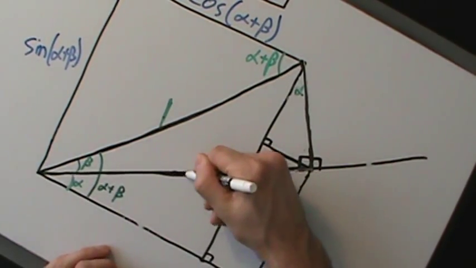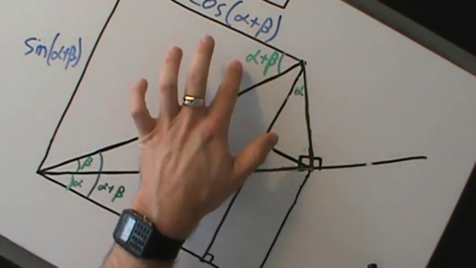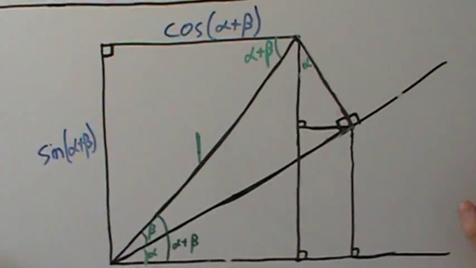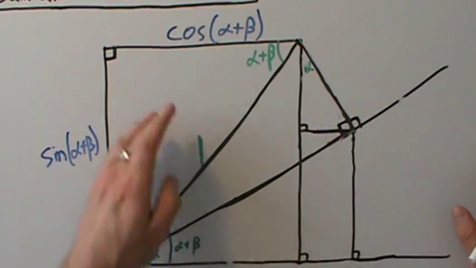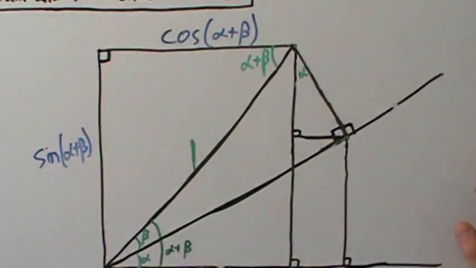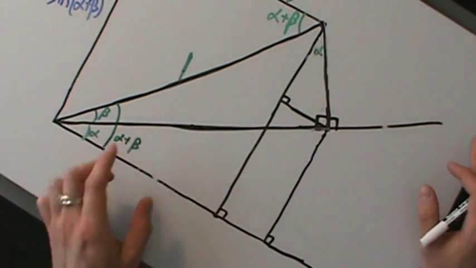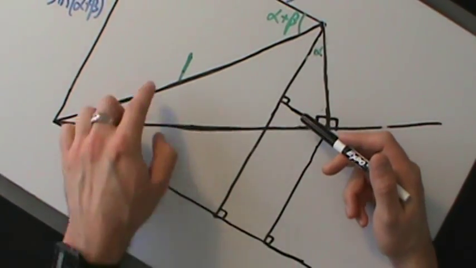But the hypotenuse is 1, so just like what happened up here, cosine of alpha plus beta is adjacent divided by hypotenuse, but the hypotenuse is 1, so the adjacent side is the cosine. The exact same thing is going to happen in here. It's a completely different triangle, but it has the exact same hypotenuse.